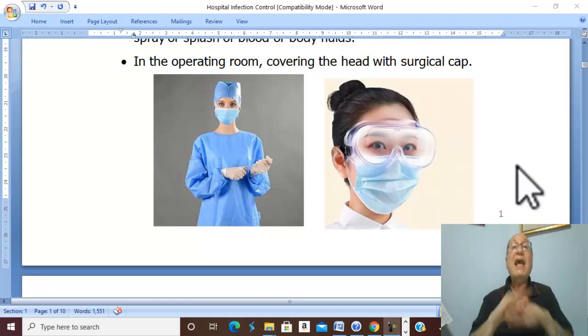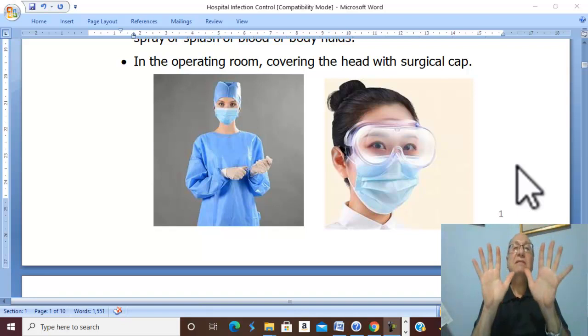First of all, and the most effective precaution to prevent nosocomial infections is hand hygiene: washing the hands with soap and water and using alcohol gel to decontaminate the hands.